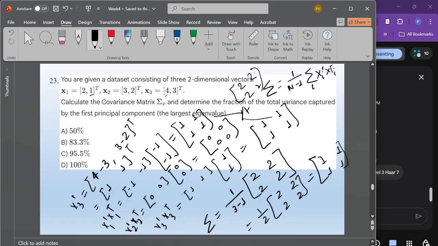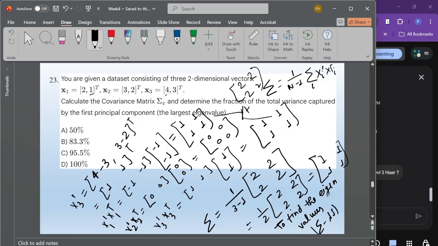Now from here we need to find out the eigenvalues, which also give the principal component. So how can we find them? We already know that to find the eigenvalues, the characteristic equation is the determinant of sigma minus lambda I equal to 0, right?